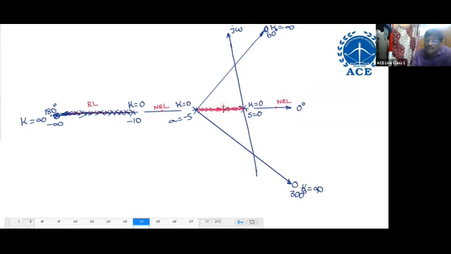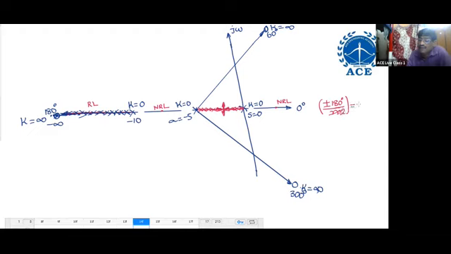Then both will collide. Once they collide, they should leave the real axis with an angle of plus or minus 180 degrees divided by n, where n is the number of poles that meet at that point.